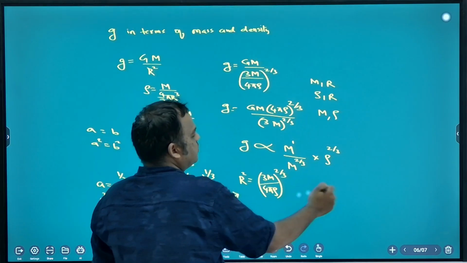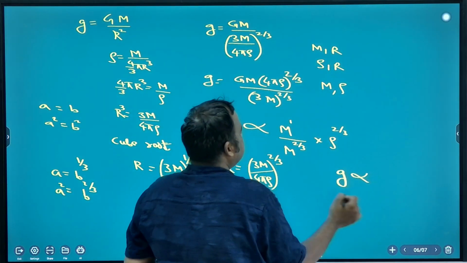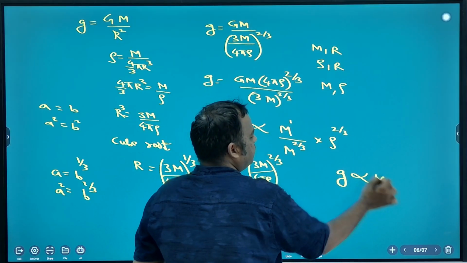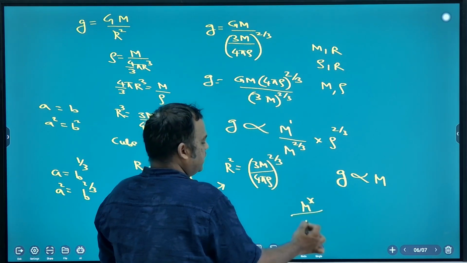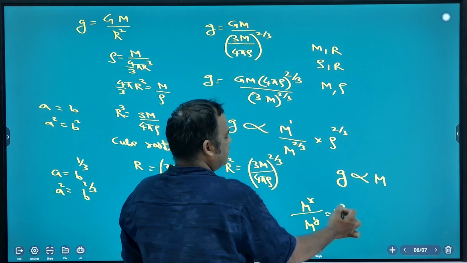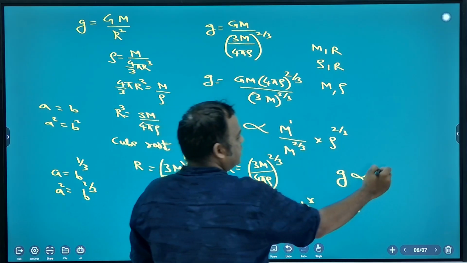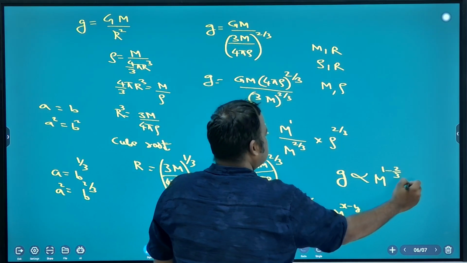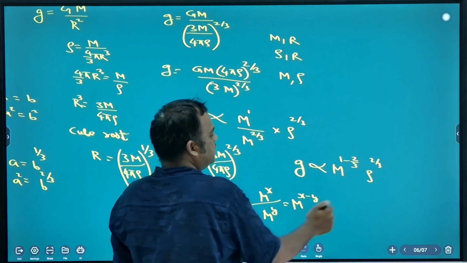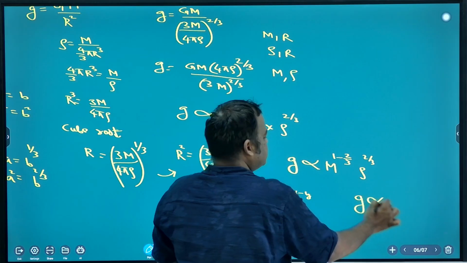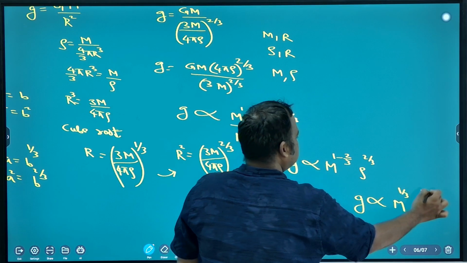So g is proportional to, what is the combined power of M? M power x by M power y will be M power x minus y. So this is 1, this is 2 by 3. So 1 minus 2 by 3 is 1 by 3. So g is proportional to M raised to 1 by 3, rho raised to 2 by 3.